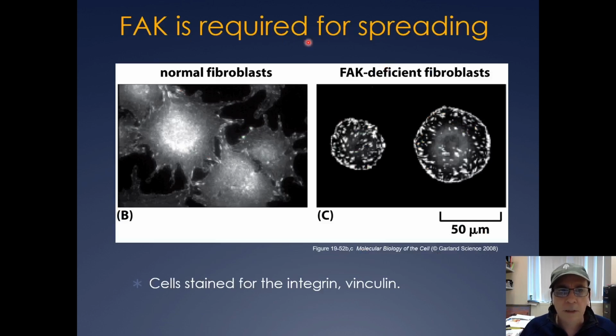And so the focal adhesion kinase is actually required for spreading. So here's a normal fibroblast, and it's spreading. And if you stain the cell for integrin and vinculin, you can see that a FAK deficient fibroblast will just roll up, and even though the integrins are there, they can't attach to anything.